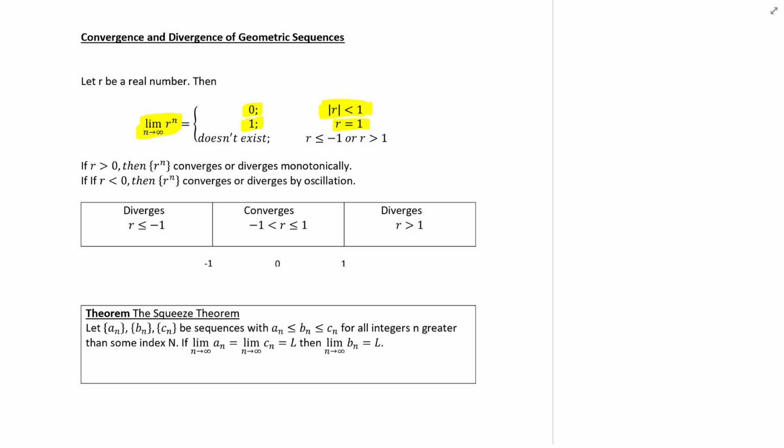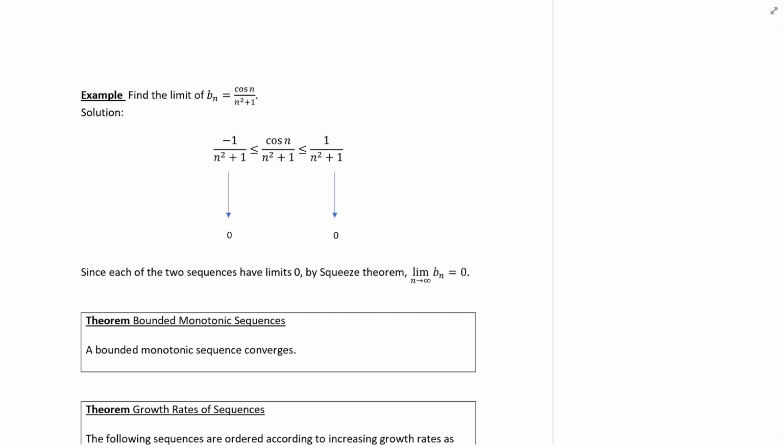Squeeze theorem: if you have three sequences so that a sub n is less than or equal to b sub n is less than or equal to c sub n, and the limit of a sub n equals the limit of c sub n equals L, so if these end ones have the same limit, then the limit of b sub n is going to be the same as them as well.